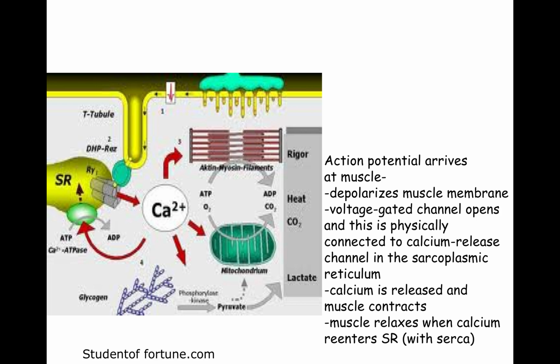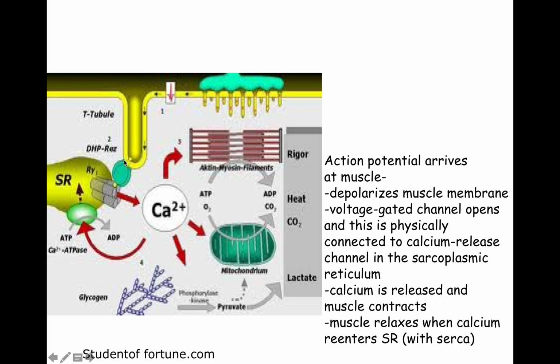And when an action potential arrives, it can be temporarily positive and then go back to negative. That's depolarizing the membrane. Because the whole membrane is connected, the whole membrane gets depolarized at the same time. And that depolarization is sensed by a protein that is a voltage-gated channel that's in the membrane of the T-tubule.